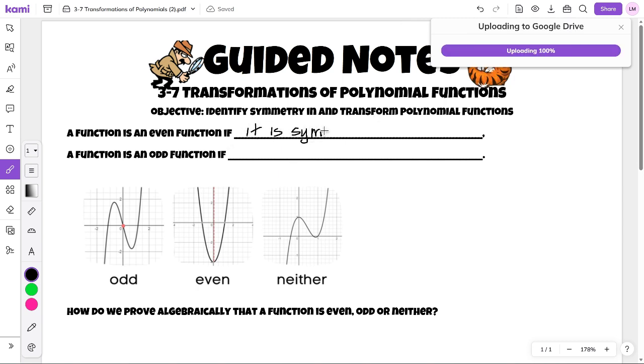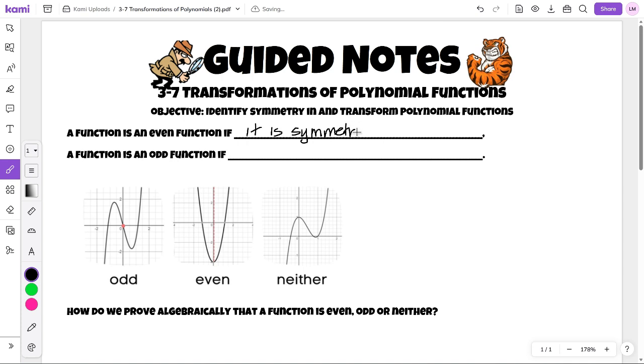symmetric, not about the origin, by the way, about the y-axis. Right, so if I can plug in x and the opposite of x and I get the same y value.